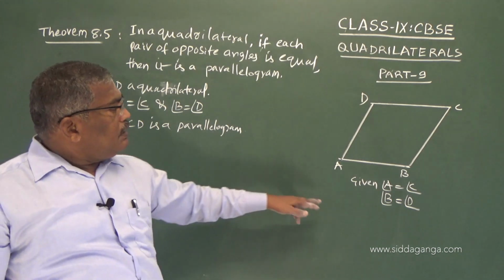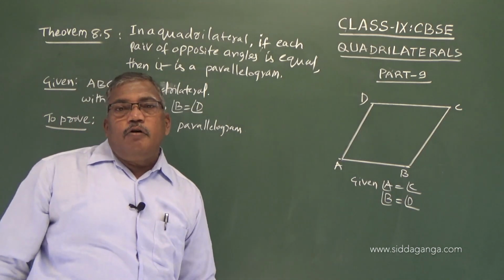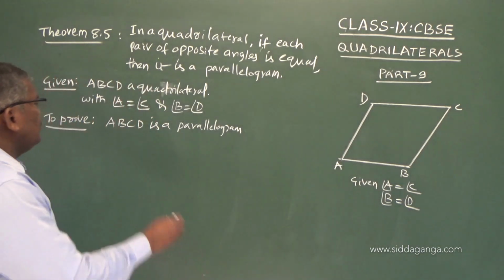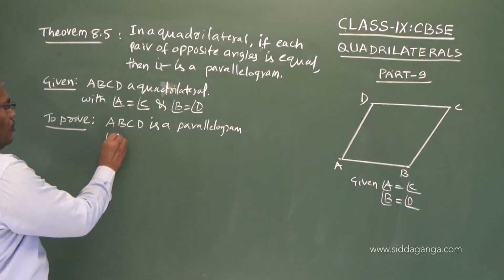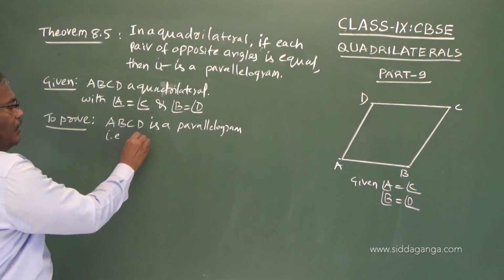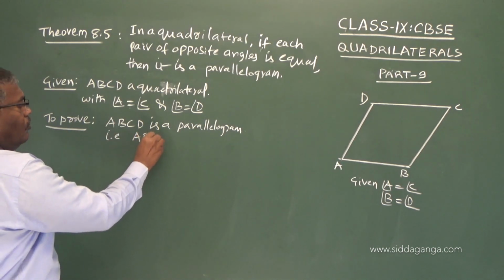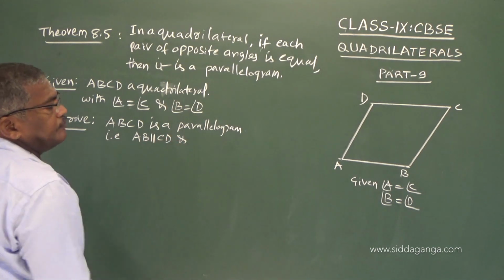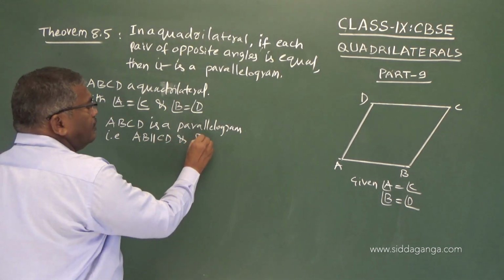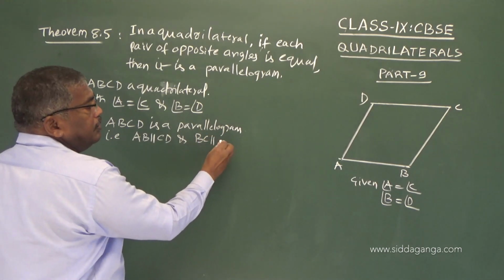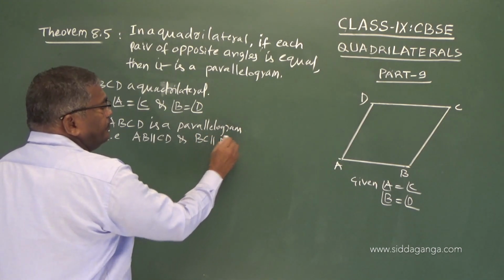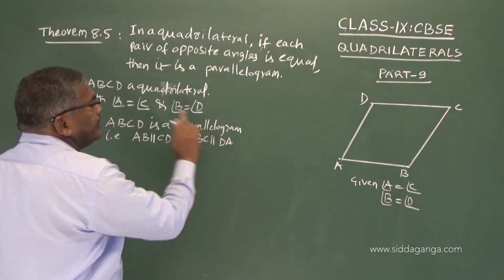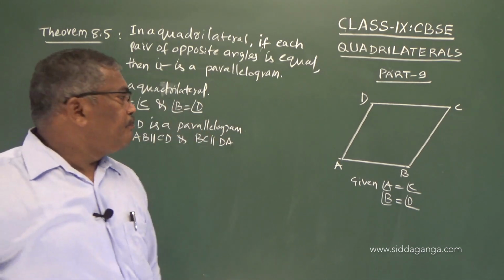Both pairs of opposite sides are parallel. So if we prove that AB is parallel to CD and BC is parallel to DA, then we can say it is a parallelogram.